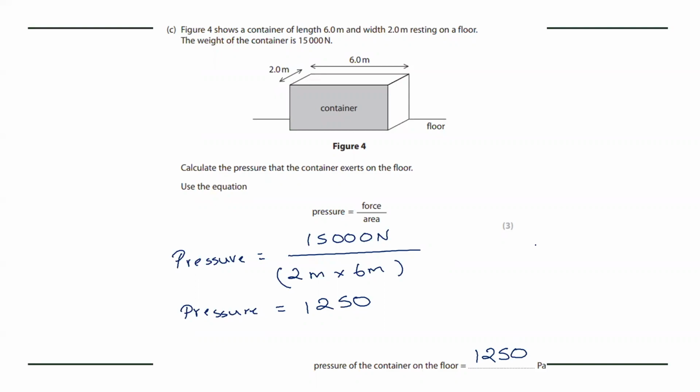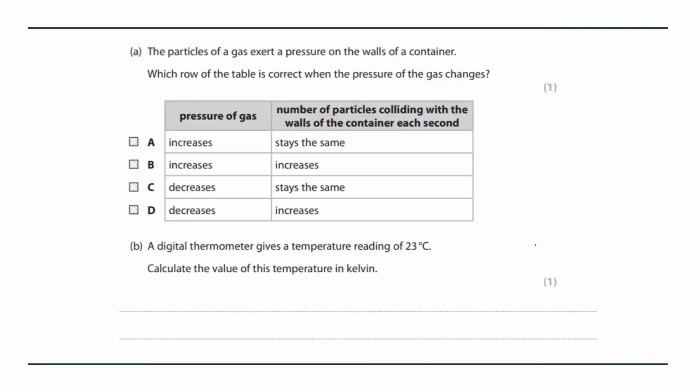The particles of a gas exert a pressure on the walls of a container. Which row of the table is correct when the pressure of the gas changes? So just talking about pressure at the moment, one thing at a time. It says pressure of gas increases, number of particles colliding with the walls of the container each second stays the same.